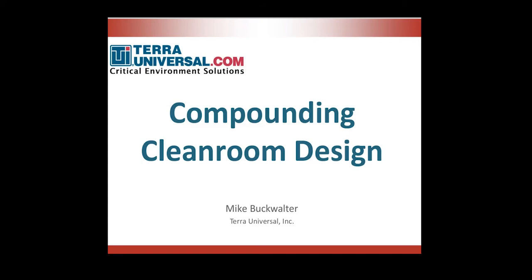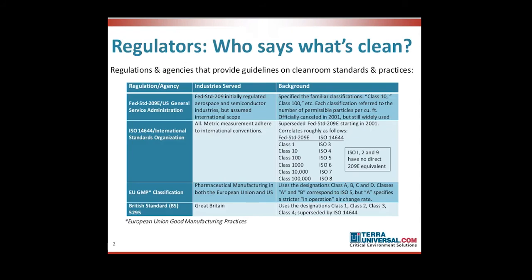We'll run pretty quickly through some history on the development of clean rooms. Many of us first learned to classify clean rooms in terms of the old specifications developed by Fed Standard 209 50 or so years ago. Those were replaced about 2001 when the International Standards Organization's recommendations came into force and Fed Standard 209 was suspended.